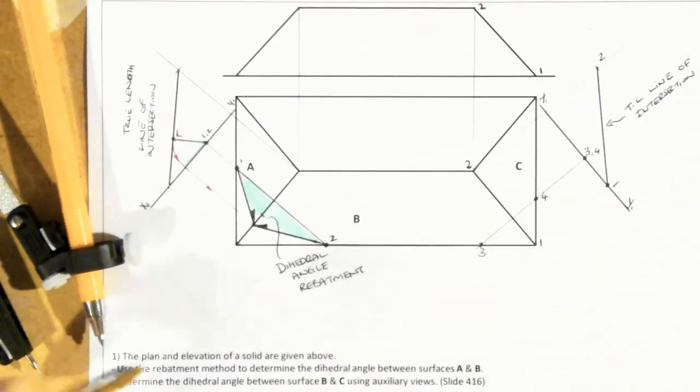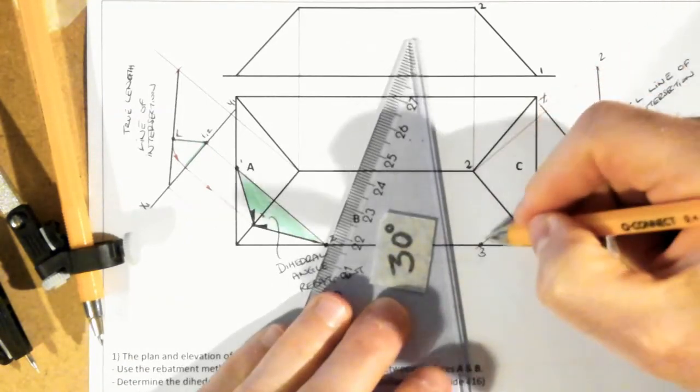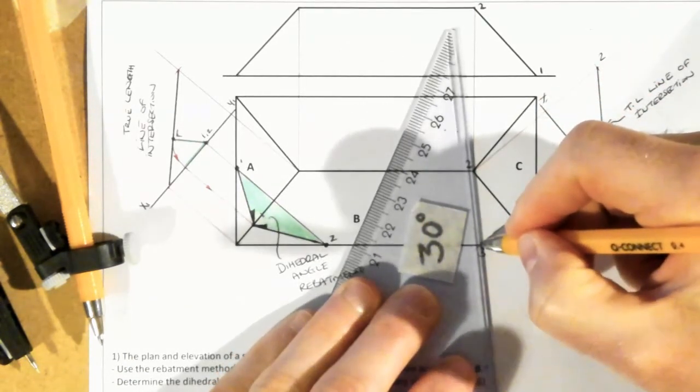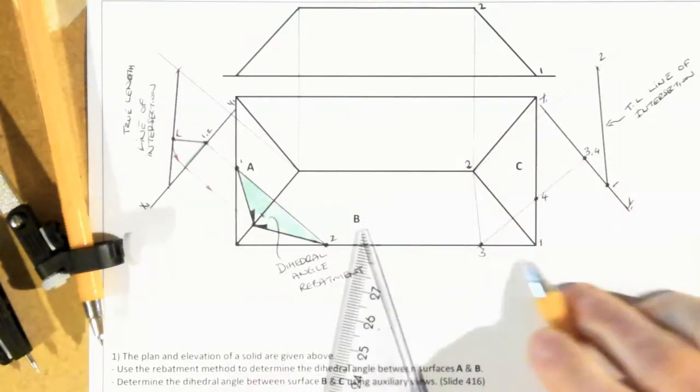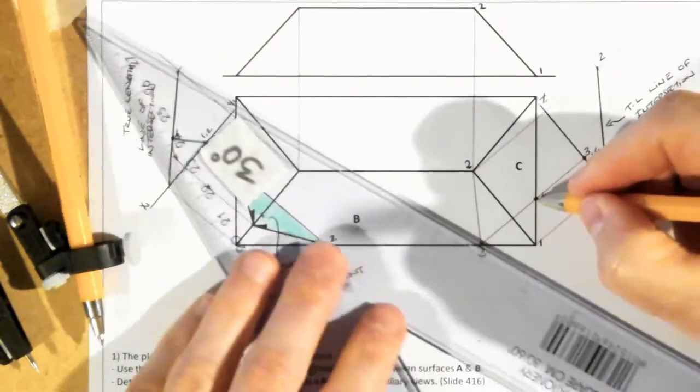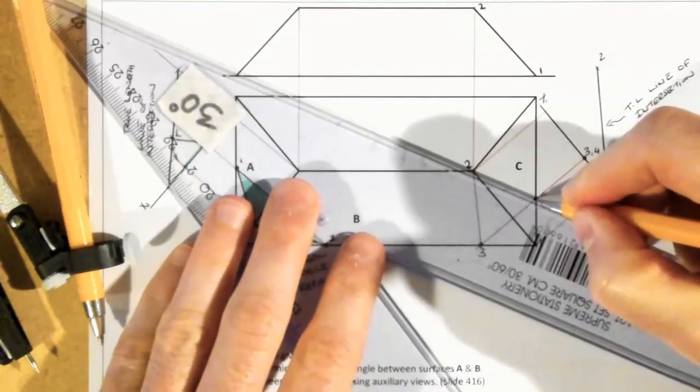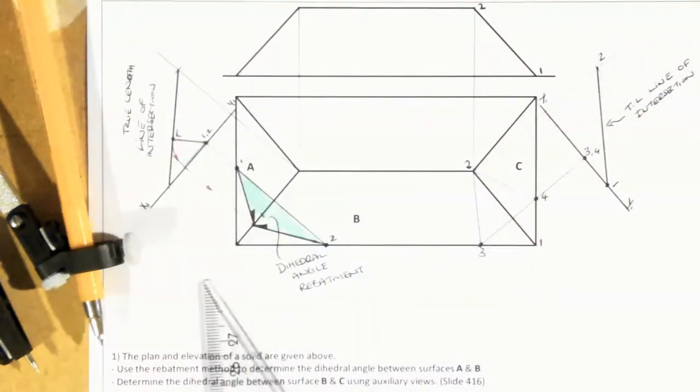Now, if I join up 3 to 2, and 3 is already connected to 1, and then I also join up 4 to 2, essentially what I'm doing is creating planes on the surface.